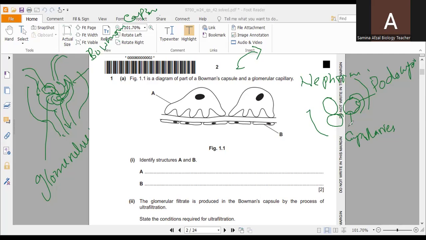So the A structure is just like an amoeba. It shows that it is a podocyte. And B is an endothelial cell.